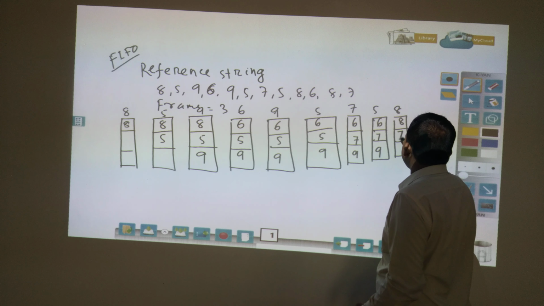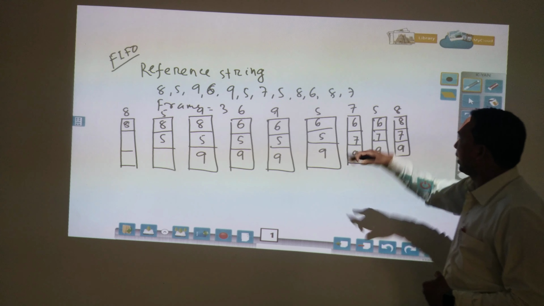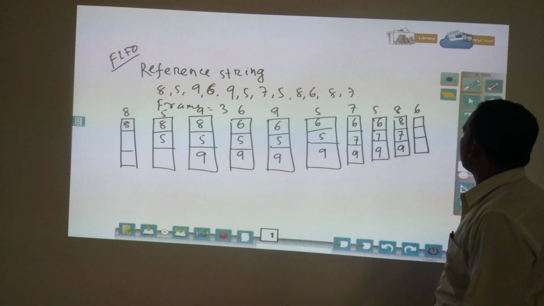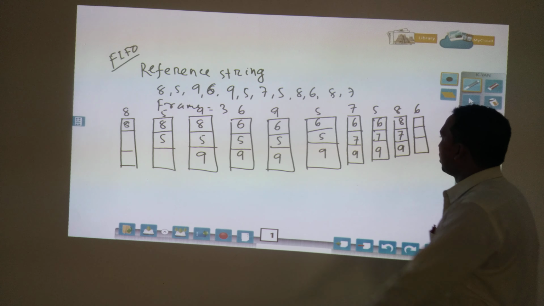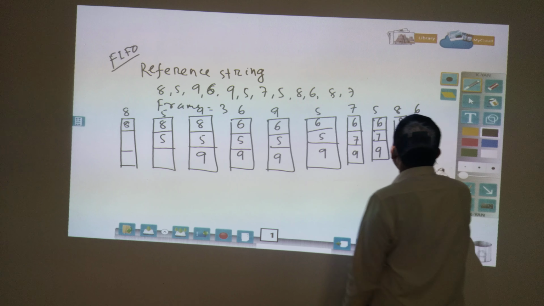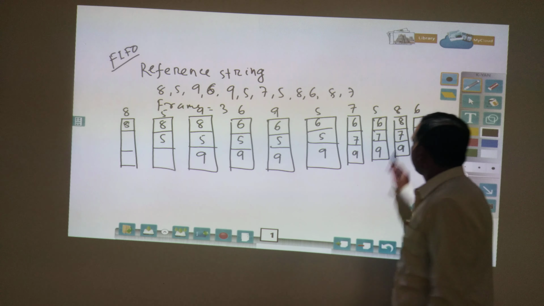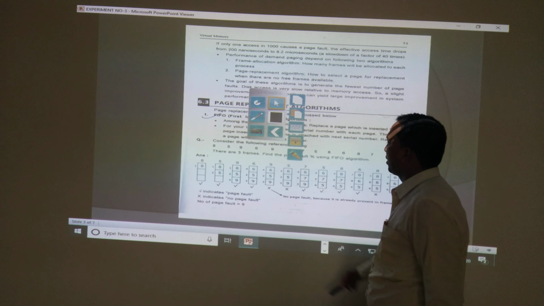The new frame is 8, 7, 9. Again the new one is 6. After 6, which one is inserted? Again 5 is inserted, so here 6 is not there. So again in the previous frame 8, 7, 9 is there, but the new element 6 is inserted.